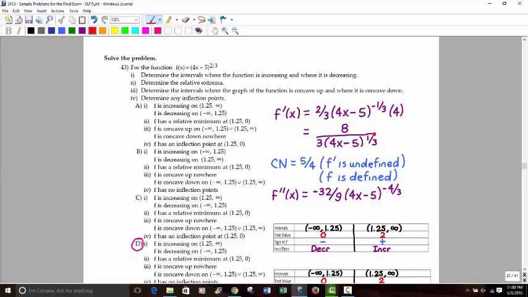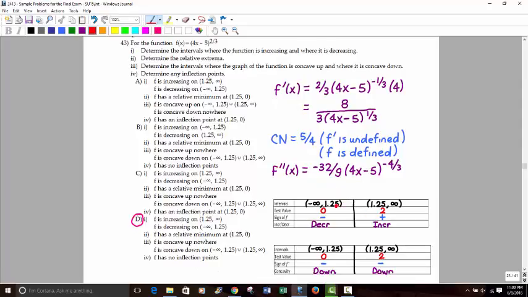But you do get one by that other rule of critical numbers that I have right here. If f prime is undefined while f is defined at any particular value, you have a critical number. So 5/4 makes that derivative undefined, but it would not make the original function undefined. So we do have a critical number 5/4, which I have as 1.25 right down here.